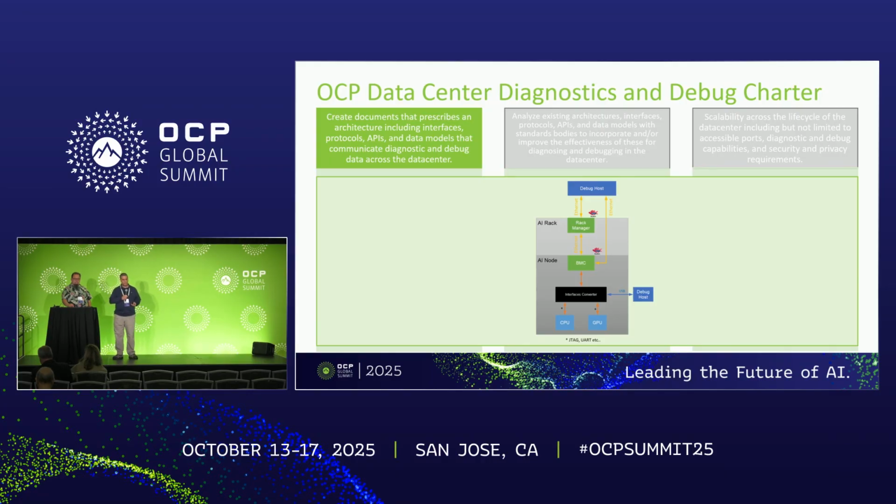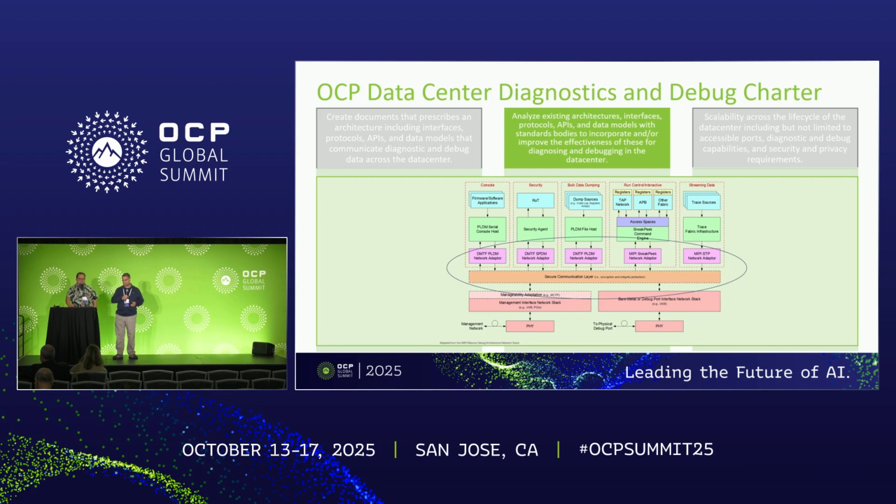The second piece of the charter is around effective architectures. There's not a one-size-fits-all. In the diagram, each of these stacks or columns represents a different type of data. There's streaming data, there's console, lots of different types of data for diagnostics and debug.